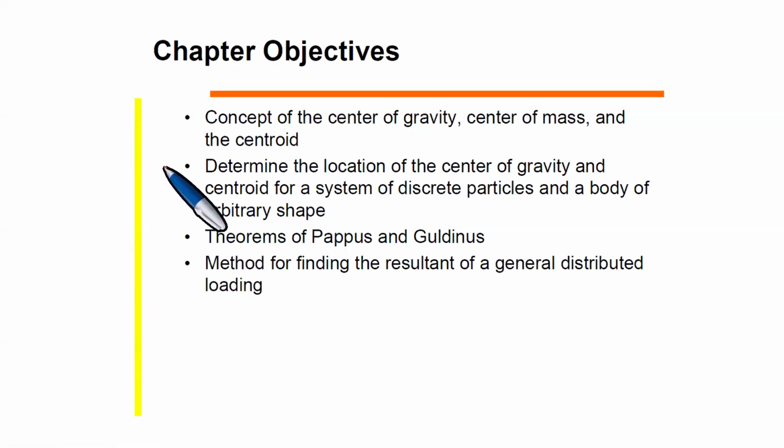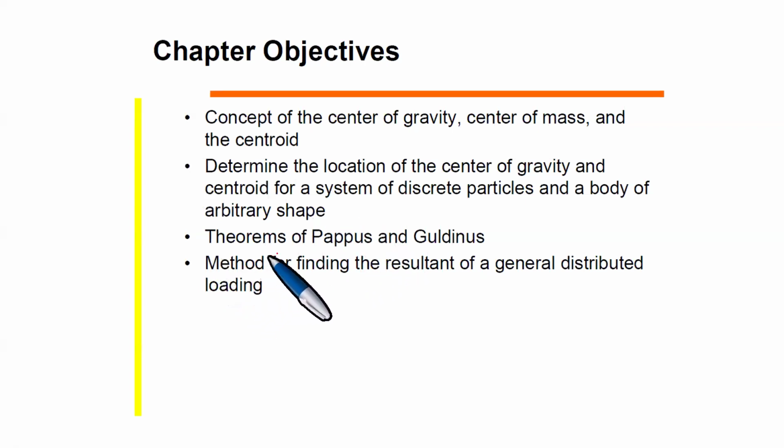Right, first things first, we shall actually look at the chapter objectives. What are the objectives of this chapter? The concept of the center of gravity, the center of mass, and the centroid. Next, we shall also determine the location of the center of gravity and centroid for a system of discrete particles and a body of arbitrary shape.